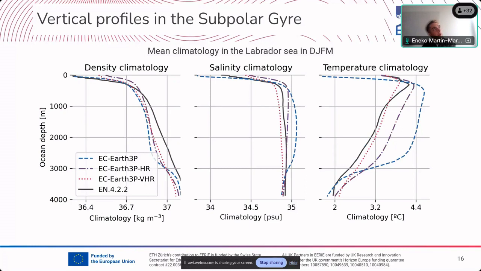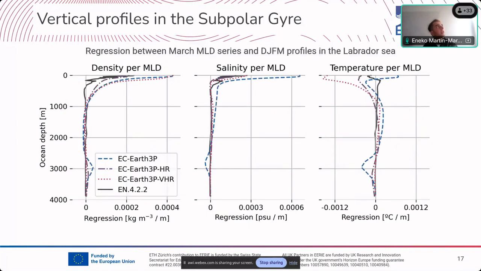But except for that, they are really similar. I would say that the VHR is quite better in some regions at the surface, but then it depends on the variable. Maybe the HR is a little bit better.